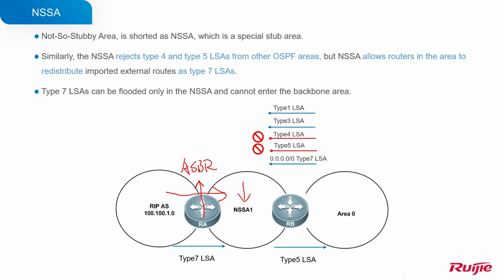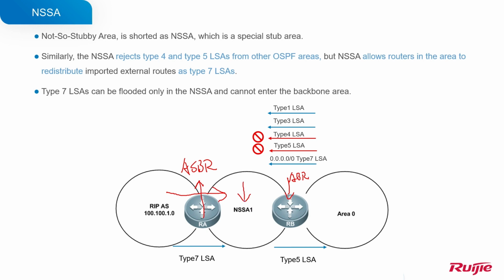So actually for the RB device, the RB device is the ABR device, belonging to the NSSA area and the backbone area. We will transmit the LSA information through the ABR, and the ABR will change the type 7 LSA information to become the type 5 LSA information because the backbone area can recognize type 1, 2, 3, 4, 5, but can't recognize type 7. So now we have to do this action on the ABR device. Okay, so the ABR device actually is connected with the NSSA area and the backbone area.